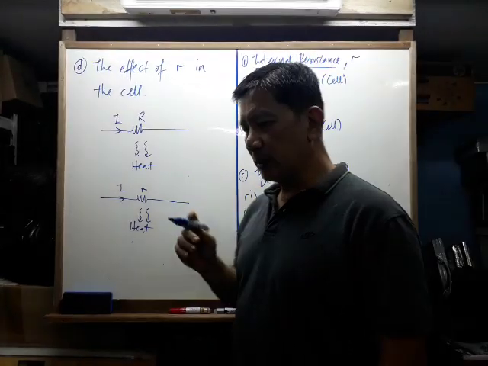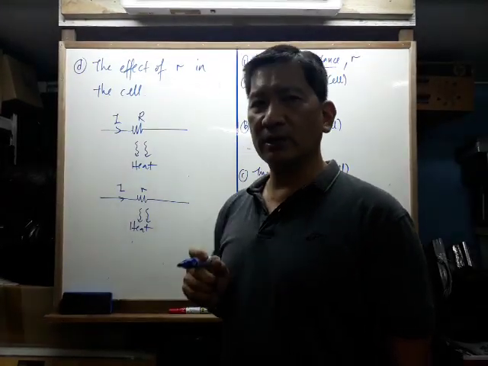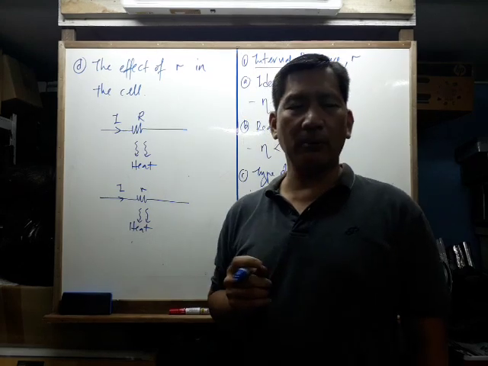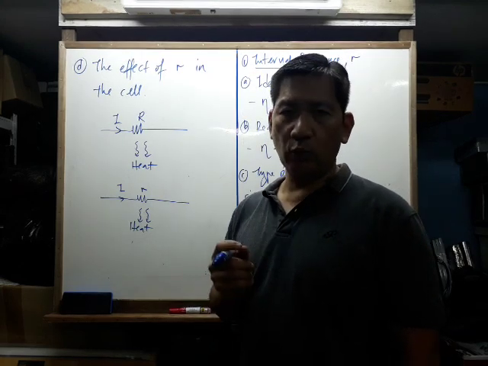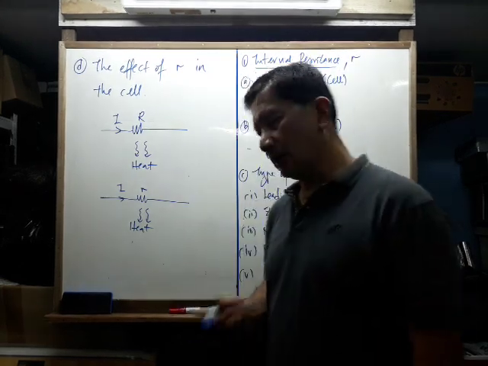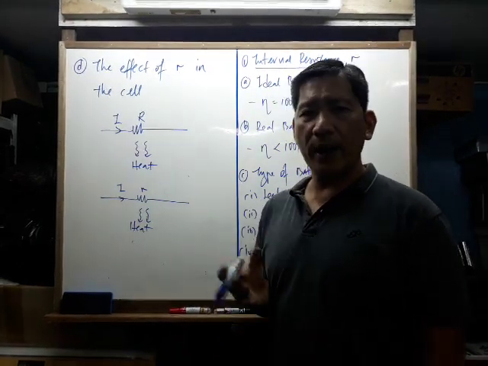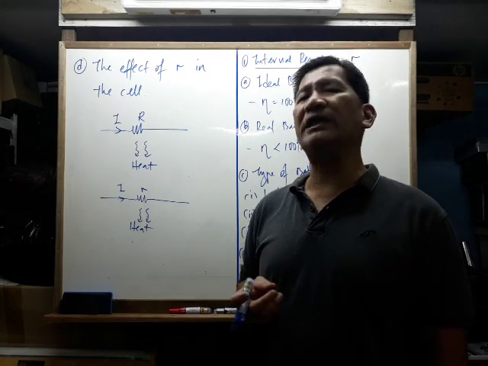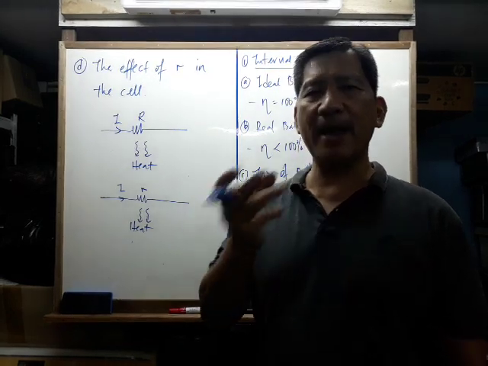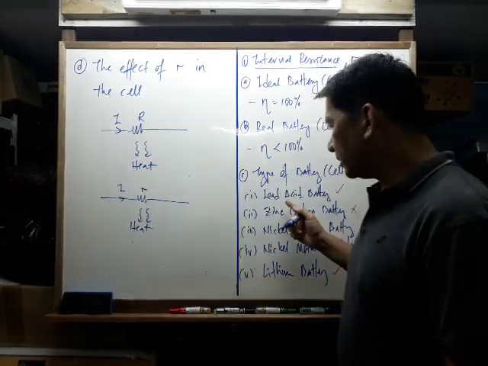Normally it just simply warms up the cell, but that is a type of wastage. It's a waste to have internal resistance. But what can we do? Chemical reactions all have internal resistance, so there's no way we can get rid of it, but we can reduce it by finding better alternatives to the chemicals we use inside.